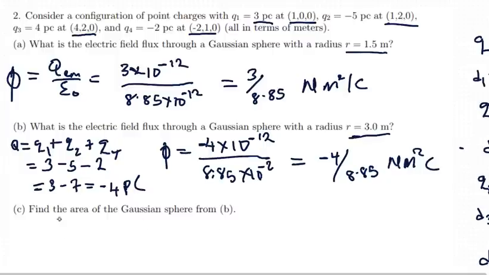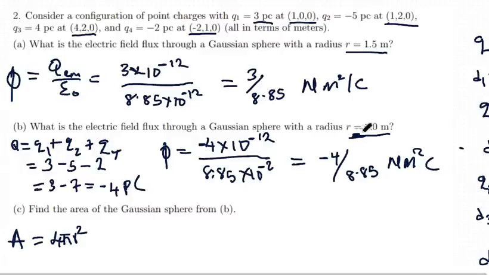For question C, we're asked to find the area of the Gaussian surface. For a Gaussian sphere, the area of a sphere is 4 pi r squared.